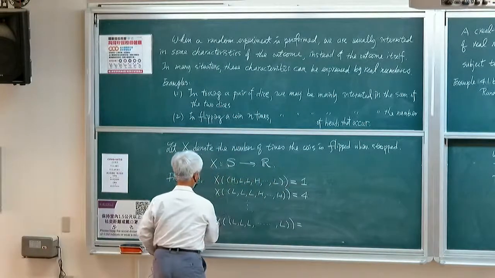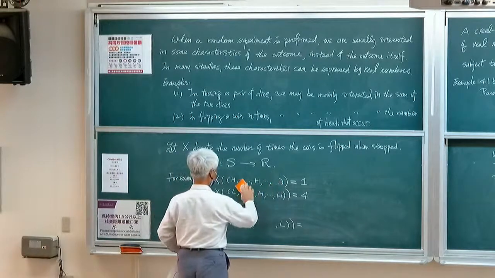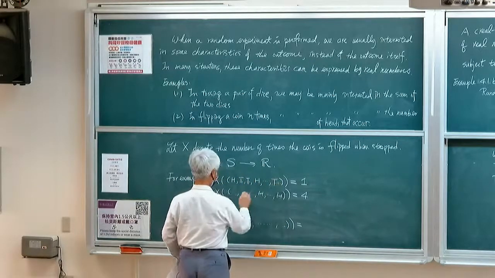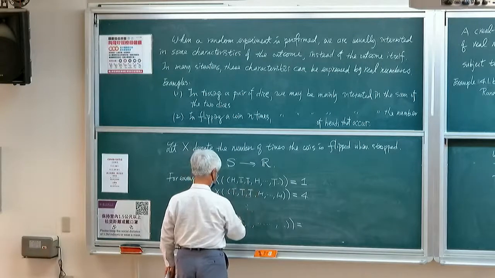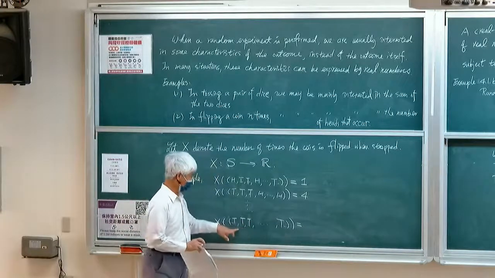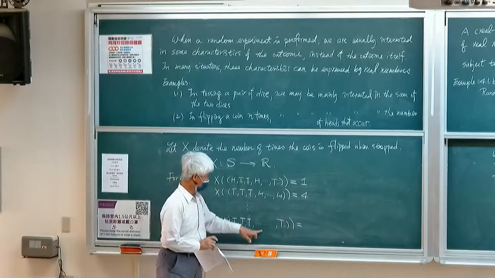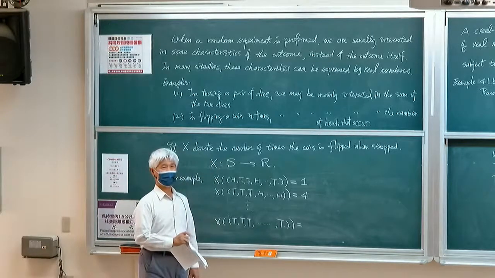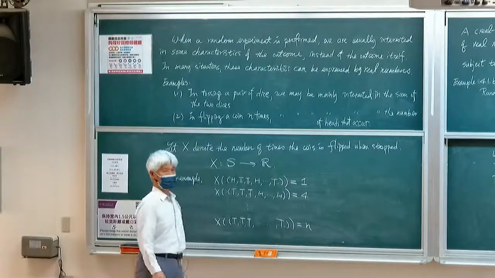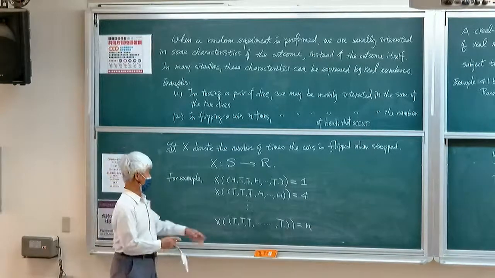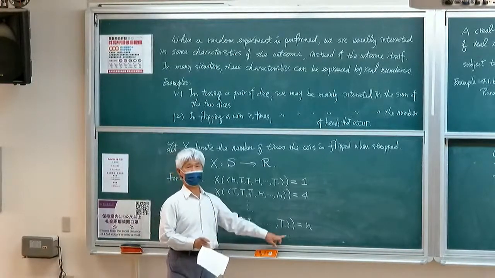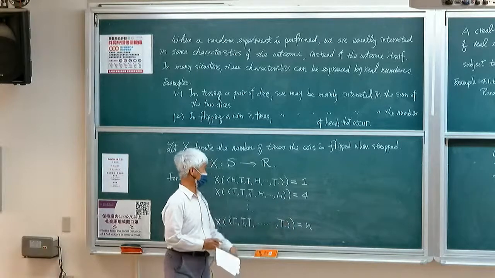I'm sorry, I don't know why I always keep writing the tail as L. For this outcome, the faces coming up are all tails, and then we have n here, because we have to stop even though a tail shows up from the first flip up to the nth flip.